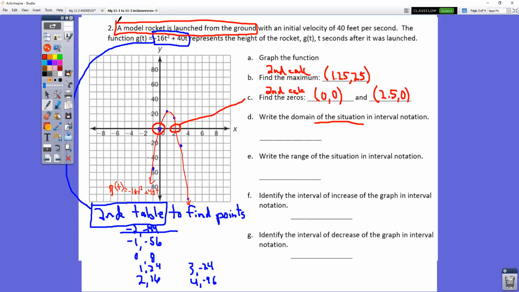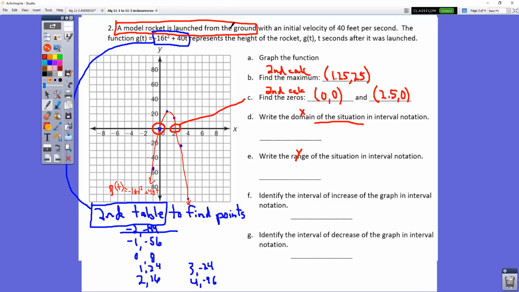If it didn't say of the situation, and just said write the domain, you'd just be looking at the normal graph without a situation being involved. So domain means x, range means y.